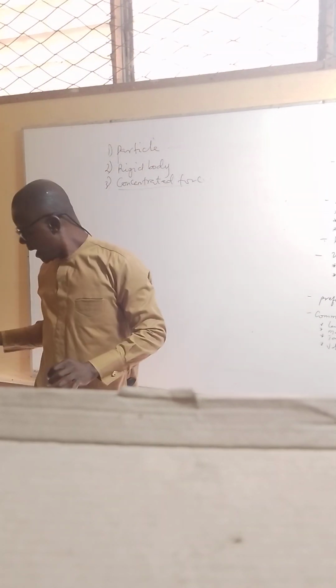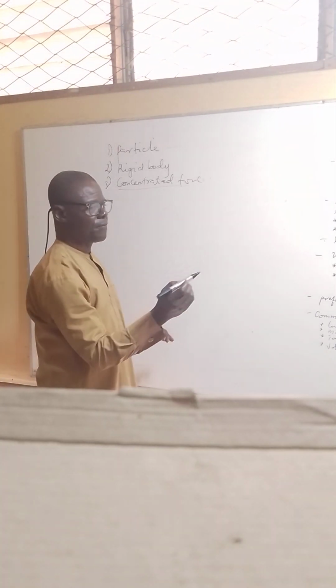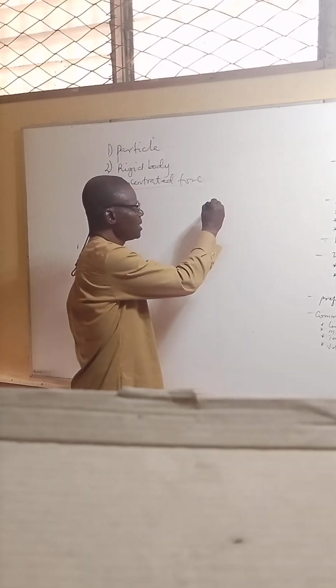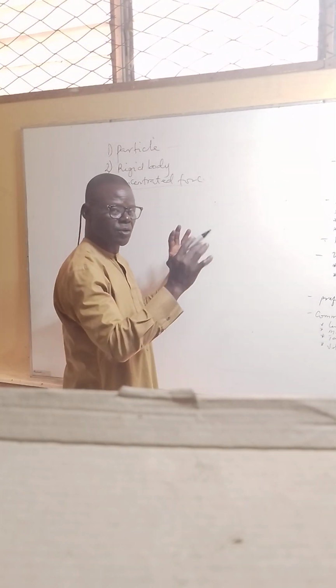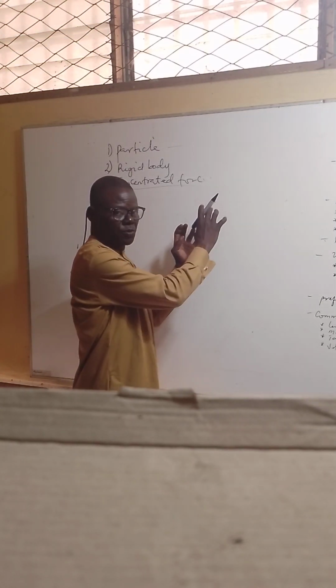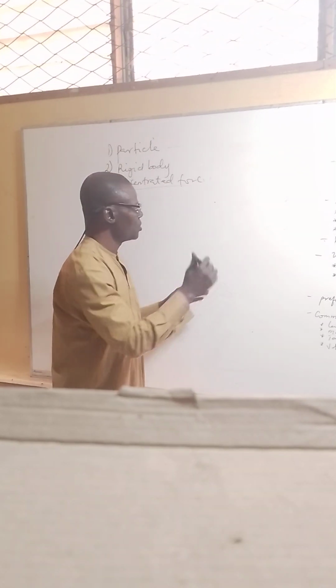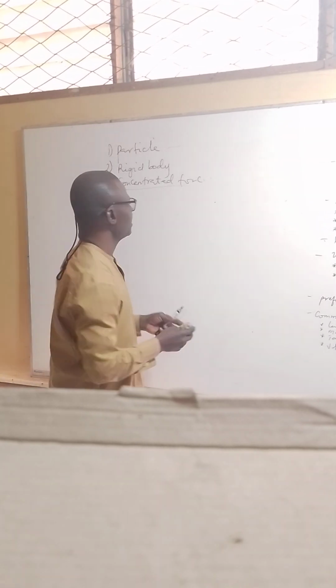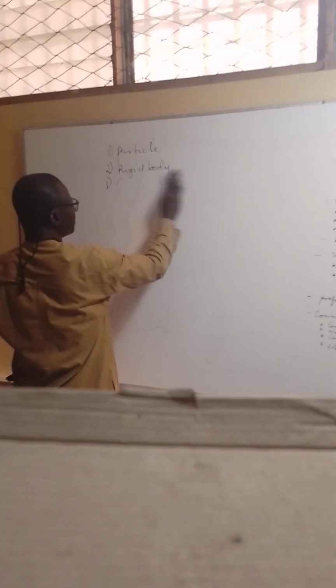But if I apply the same force of 50 newtons at this point, we say the force is concentrated, because the area over which I apply the force is very small compared to this. So we say it's a concentrated force. That is the concept of concentrated force.